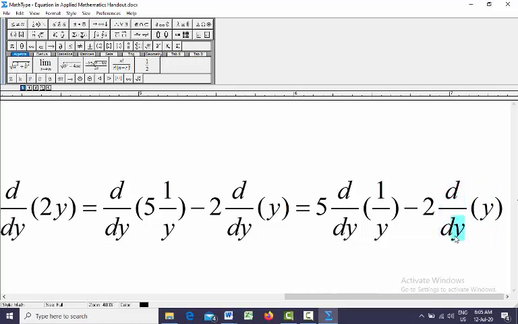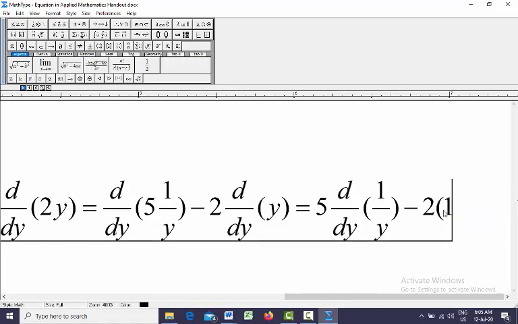Here y is the variable, and we have only one y. That's why the answer, differentiation of this one with respect to y, will be 1.